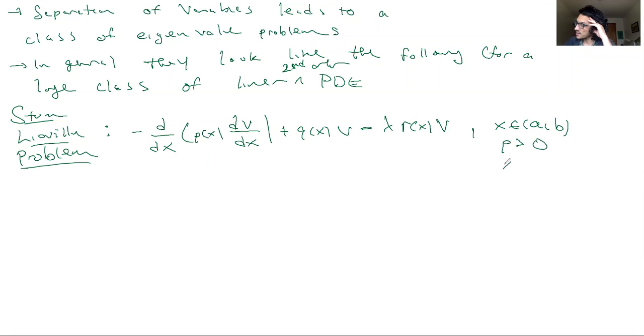P is going to be greater than 0 for x in (a, b), okay? And we're going to have some linear and necessarily homogeneous boundary conditions at x equals a, b, okay?